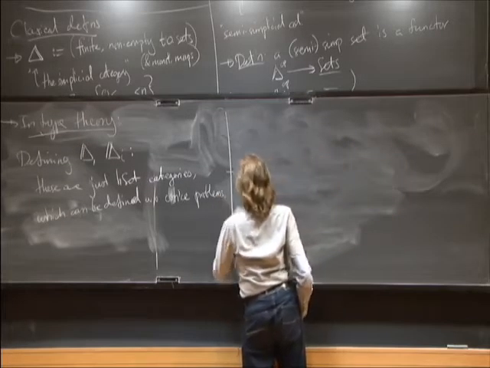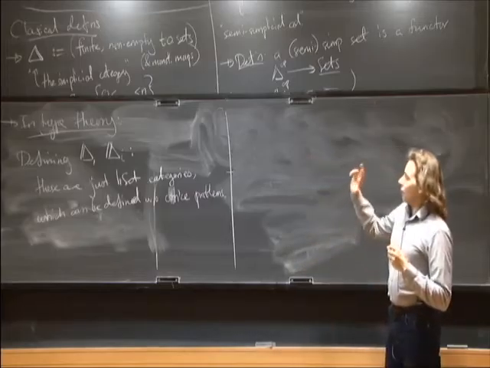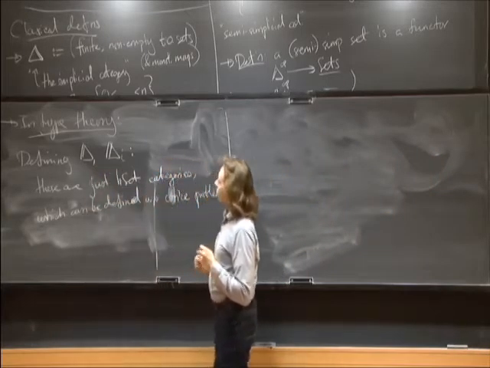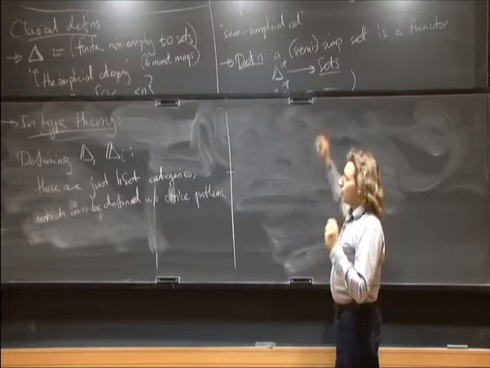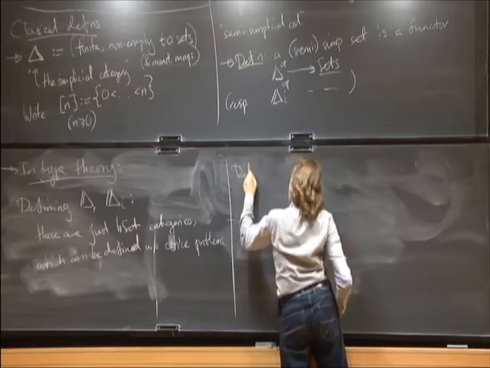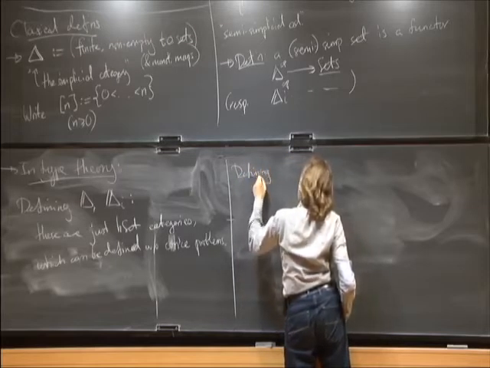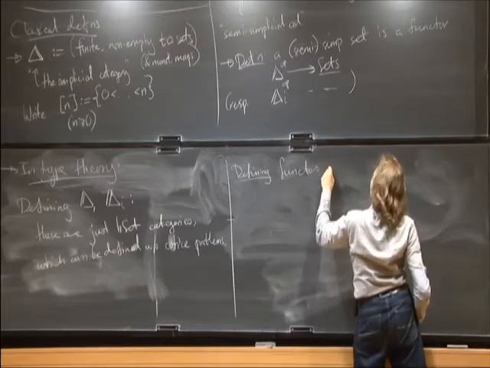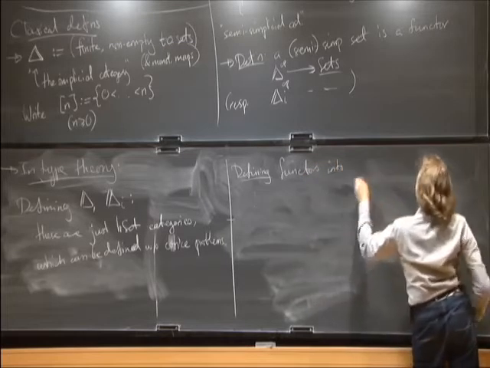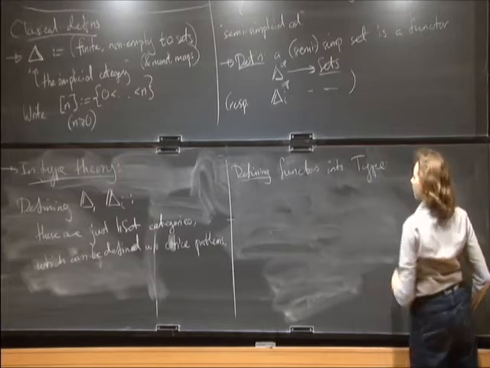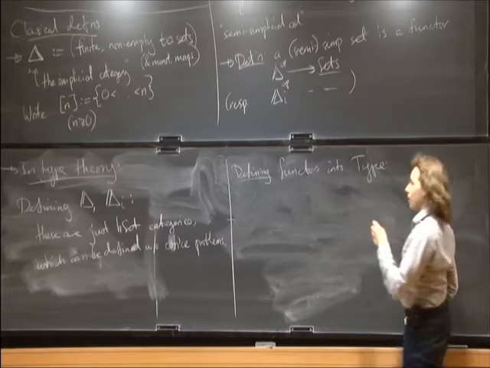So, defining these categories, no problems. But defining functors into type, this is where the problems come up.